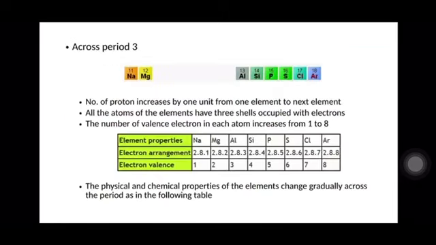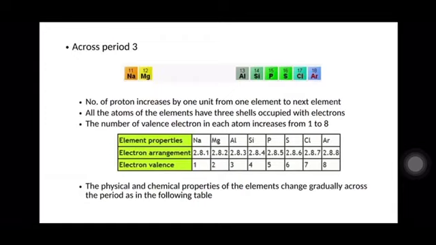So across period 3, this is the general properties of the period 3 elements. Across period 3, the number of protons increases by 1 unit: starting from 11, 12, 13, 14, 15, 16, 17, 18, by 1 unit from one element to the next. And all atoms of these elements, as I said earlier, have 3 shells occupied with electrons.